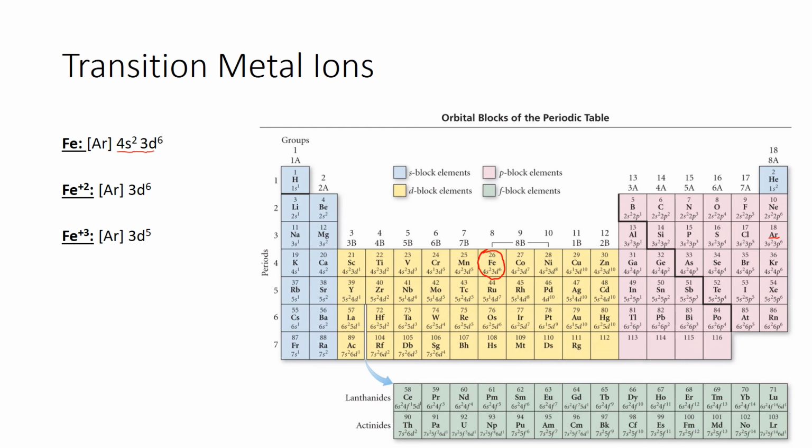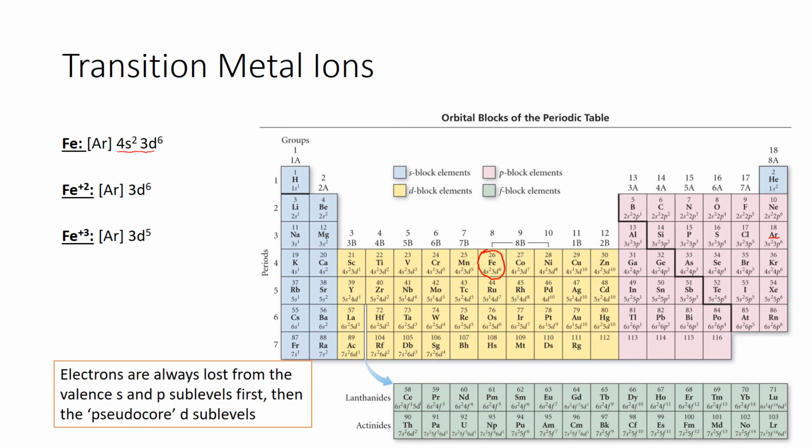They start losing electrons from those D sublevels in addition to the valence electrons. But as a general rule of thumb, electrons are always lost from the valence S and P sublevels first, then the pseudocore D sublevels.